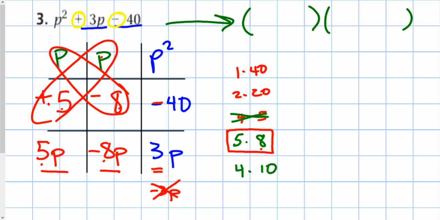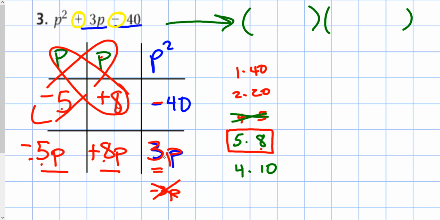But if I switch these, and I made the 8 positive and the 5 negative, negative 5 times positive 8 is still negative 40. Then when I cross multiply, I get negative 5p and positive 8p. Those two added together equal positive 3p.